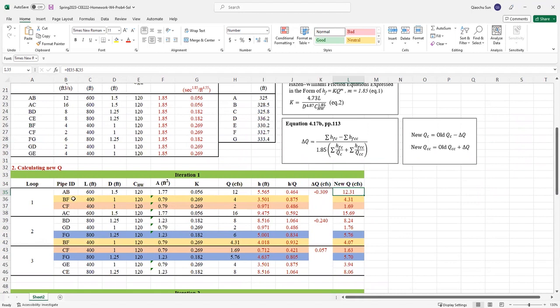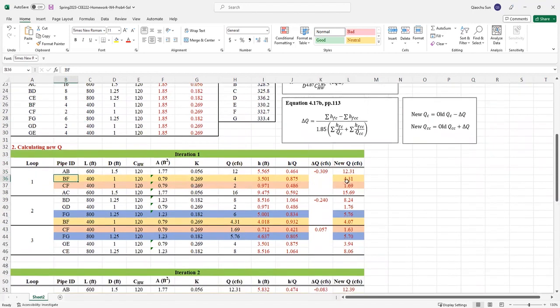For instance, in pipe BF, we calculate its new flow rate in loop 1. Then when we do the calculation in loop 2, we need to set its original flow rate equal to the new flow rate we calculated in the first loop. These 2 values should equal each other.